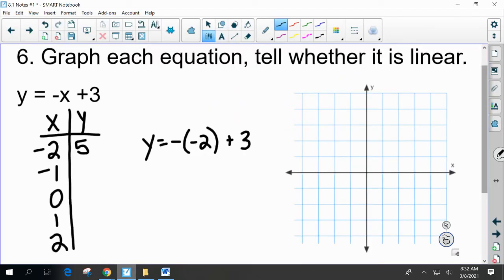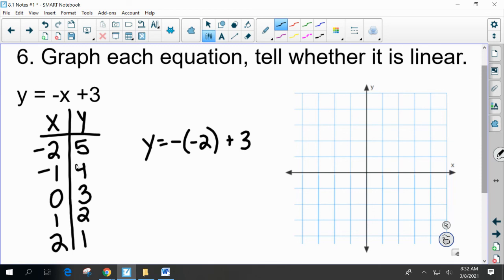Okay, so when you get through your numbers, if you plug in -1, what did you end up getting? +4, 0, 3, 1. Well, you get +1 + 3, which is 4, then 0 gives 3, then 1 gives 2, and then 2 gives 1.